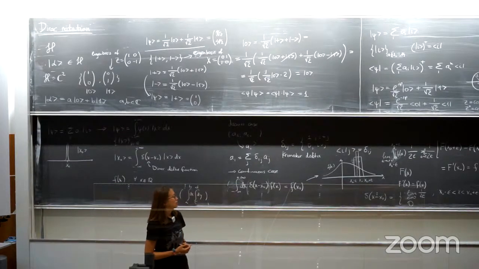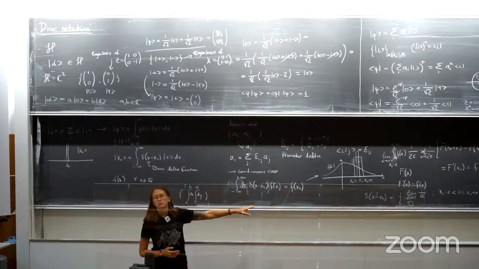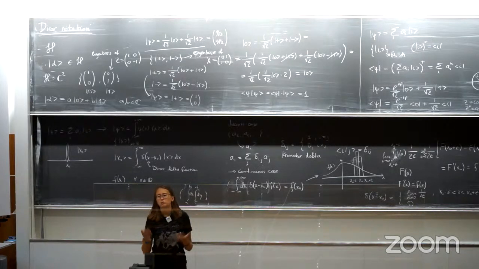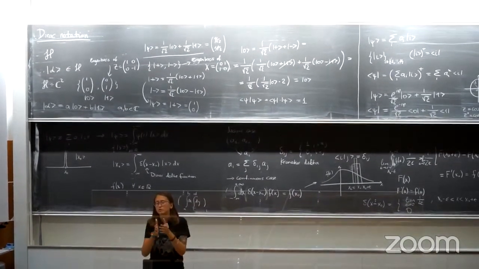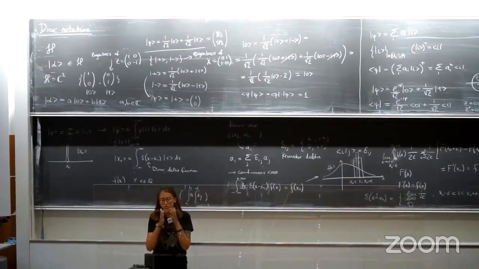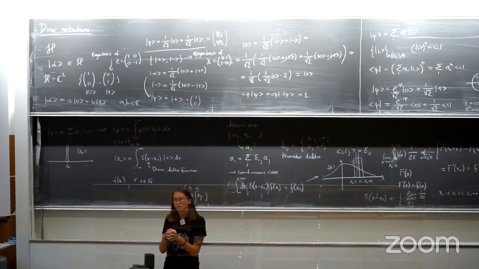I mean, the way we write it is just a convention. So this is just the mathematical convention that we write it delta of x minus x0. We can also write it as delta x x0. The meaning is that it's just like this filter which points out the value of the function f at x0. And sometimes you use this delta function in the discrete case as well.